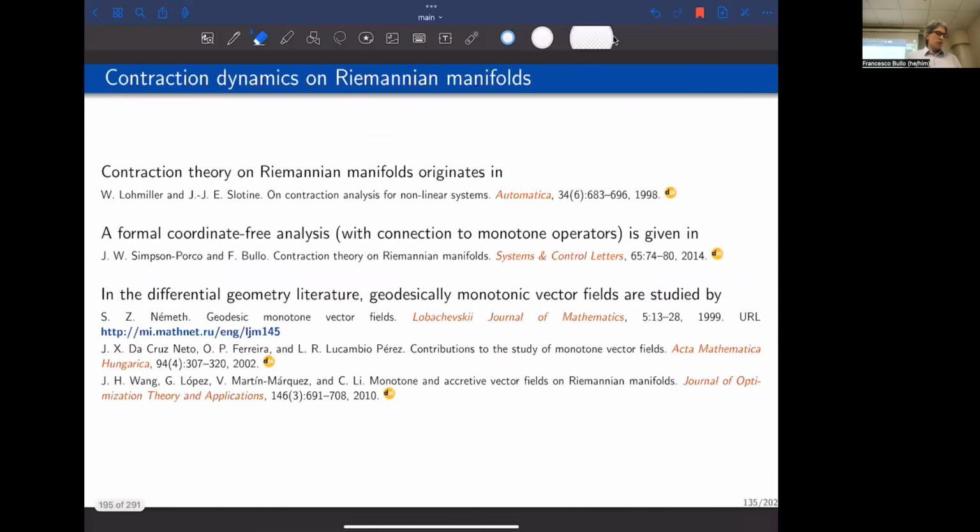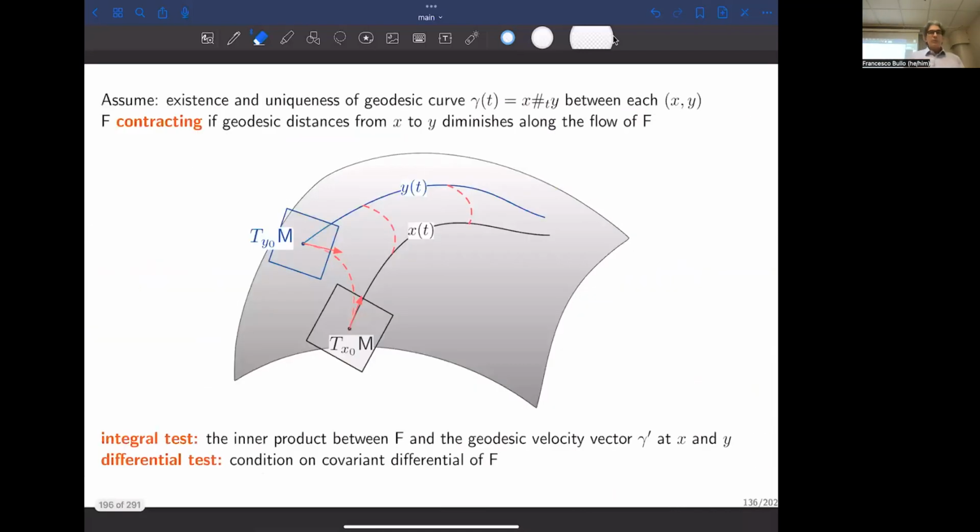The other one was contraction theory on Riemannian manifolds. I also don't know if all of you are familiar with it. It's a bit of a complicated story. Let me just say that on Riemannian manifolds, you have a space, a very generic, very abstract object, with a property that you can define curves and perform differentiation operations.